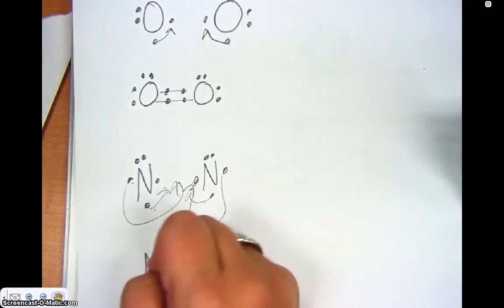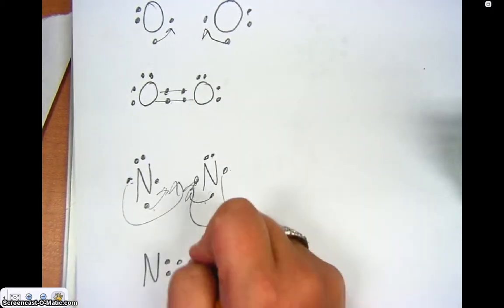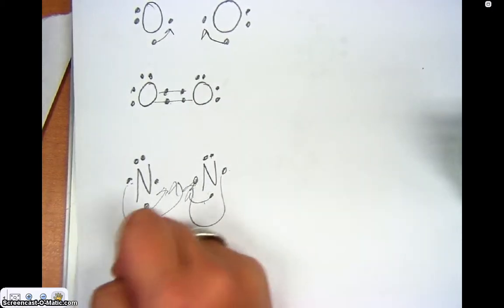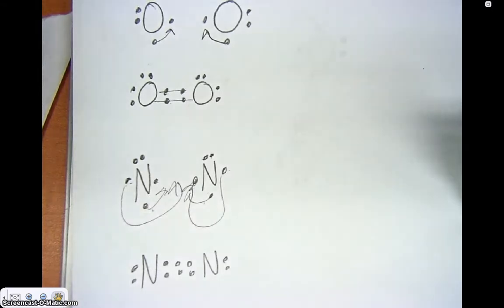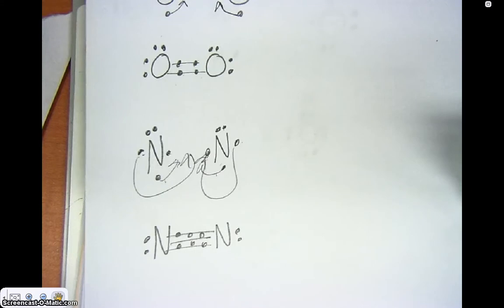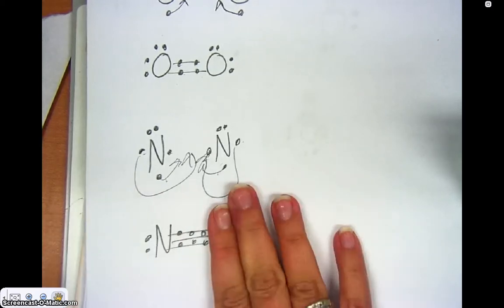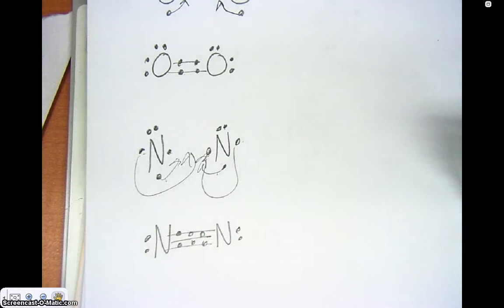So you'll end up with 1, 2, 3, 4, 5, 6 in between them, and then another pair on the outside. When you have 6 shared electrons, that is when you end up having a triple bond. So this nitrogen has 8, and this nitrogen has 8. That's a very simple example of showing a multiple bond using diatomics.